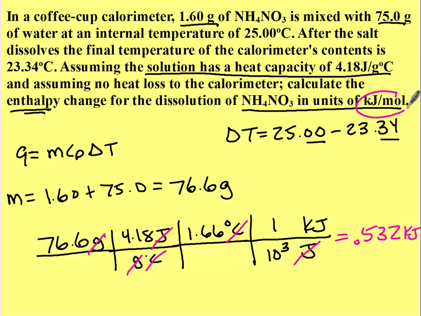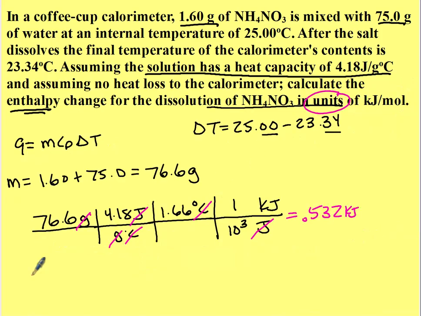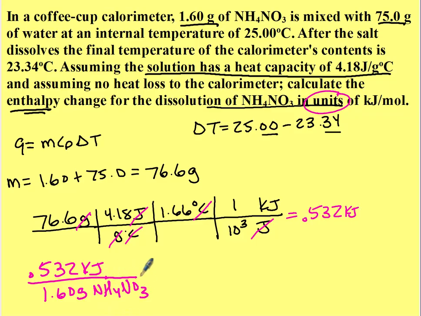But again, we want kilojoules per mole. So we're going to take our kilojoules, so that was 0.532 kilojoules. And notice we want it in the dissolution of ammonium nitrate, so we want kilojoules per mole of ammonium nitrate. But we only had 1.60 grams of ammonium nitrate. So that's what's going to go on bottom, not the 76.6, because you can't find moles of a solution.